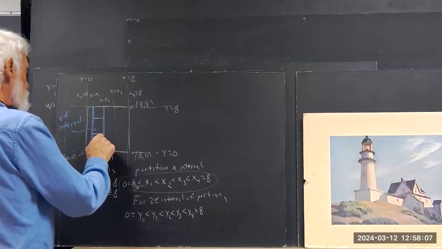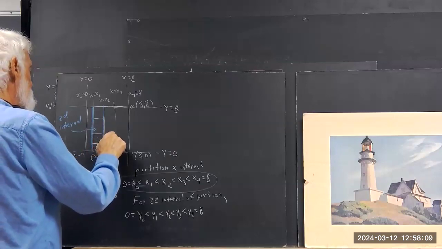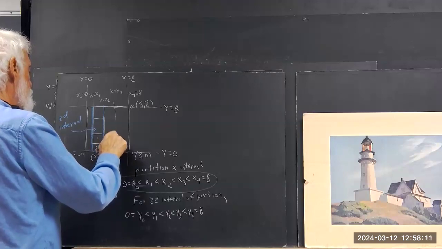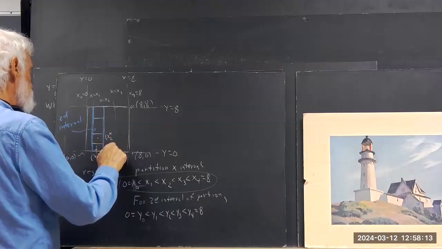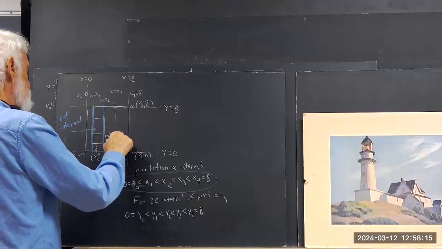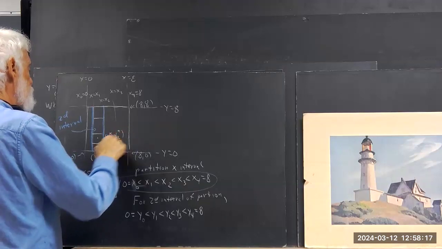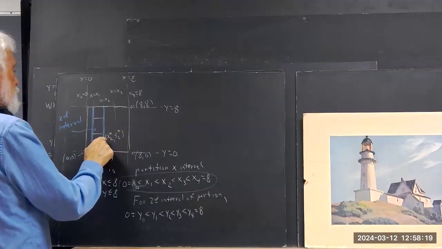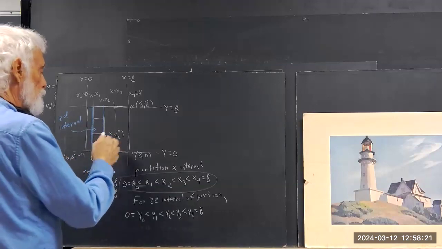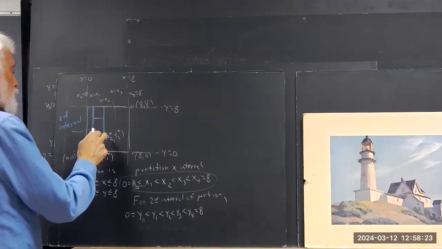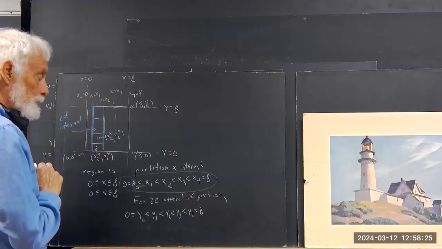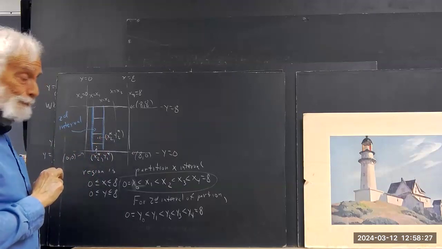Okay. And then here we would have x2 star, y2 star. I'm being a little careless with my subscripts because this x2 is not the same as this x2. Okay.